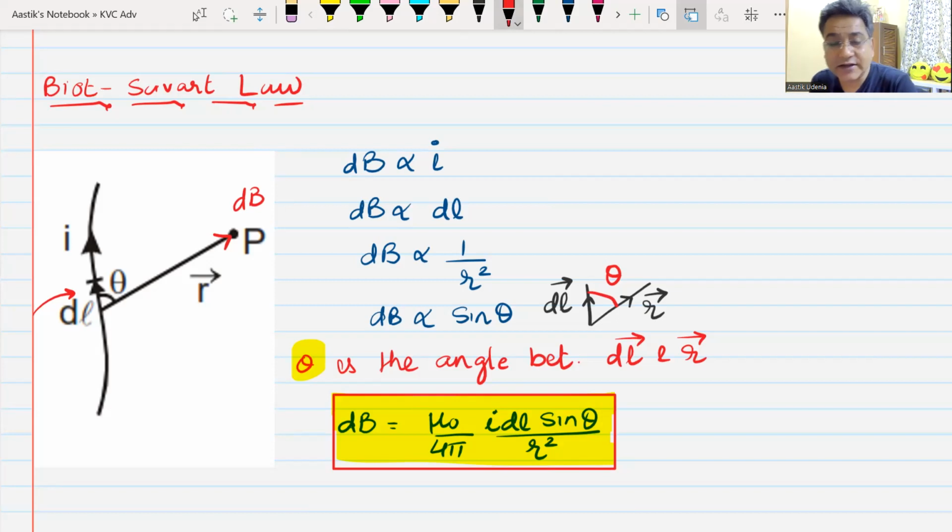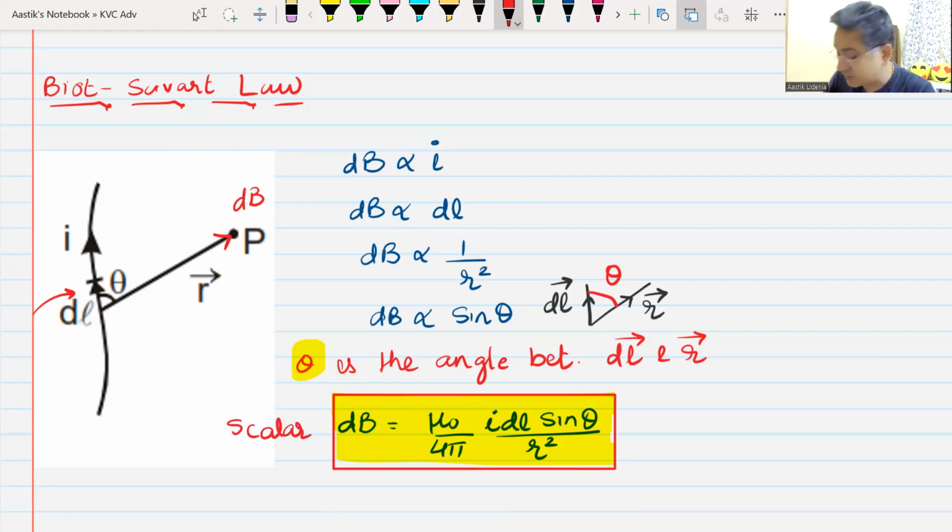Now, this formula that we have devised, what is it telling you? Is it telling you the magnitude? Is it telling you the direction? Or is it telling you both? What are you going to get from this formula? Magnitude, direction, both. We are going to only get the magnitude from here.